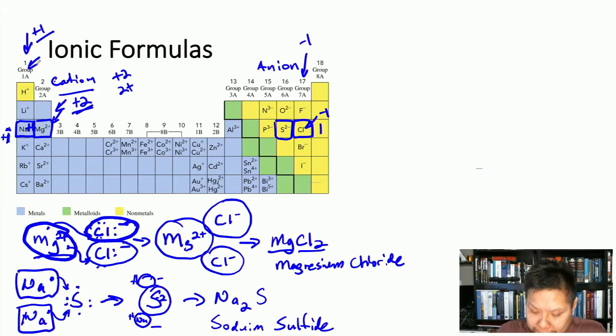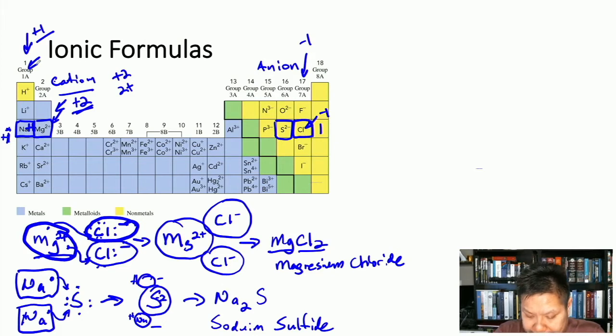So the group number, for example here, group 1, corresponds to the number of valence electrons that all the ions in group 1 have. So for example, sodium is in group 1, so it has 1 valence electron, right? Therefore it wants to lose that, becoming +1, so that it can have a full shell in one of its lower electron shells.